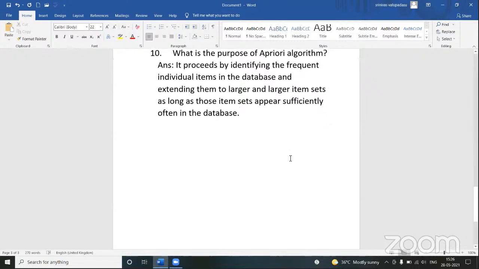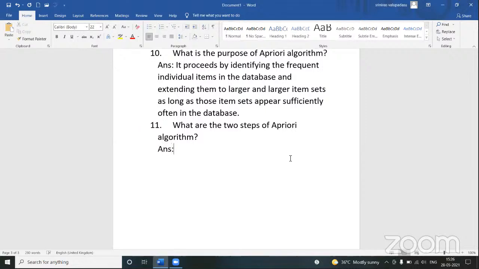Next question. What are the two steps of the Apriori algorithm?